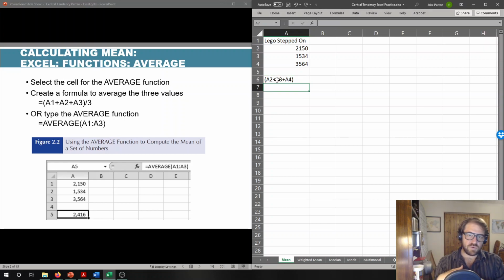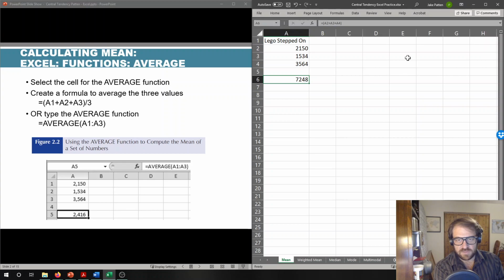Well, that's because I didn't put in an equal sign to tell it that a formula is coming up. It thinks I'm just entering text if I don't have an equal sign. So if I want to actually get a value for this, I have to throw in an equal sign, and there's my sum of A2, A3, and A4.